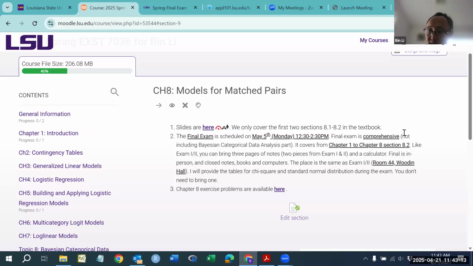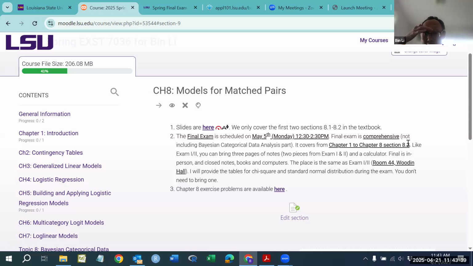The final exam will be comprehensive, but not including the Bayesian part. It only covers chapter 1 to chapter 8, section 8.2. So chapters 1 to 7, and chapter 8 only for the first 2 sections.